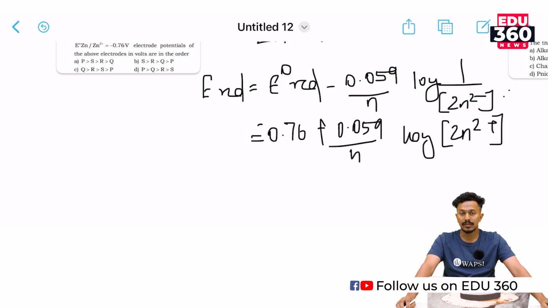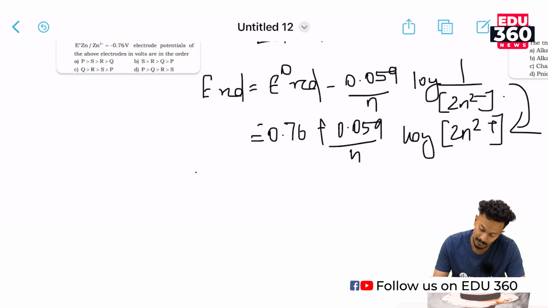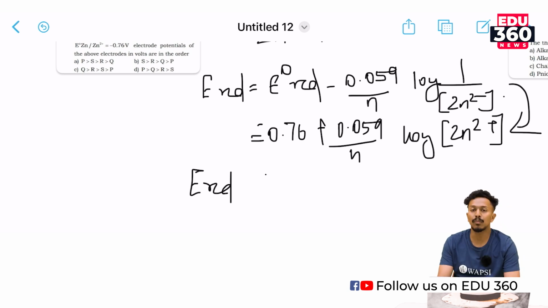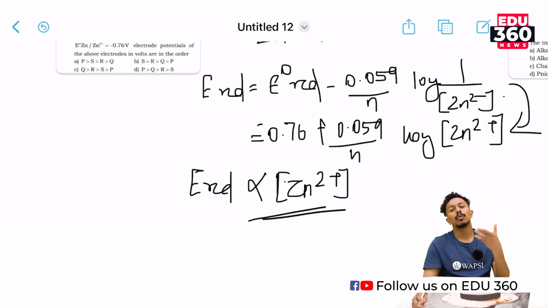Log 1 by Zn2+ is the same as negative log Zn2+, so we can say that the reduction potential of this reaction is directly proportional to the concentration of Zn2+. The more the concentration of Zn2+, the higher the reduction potential.